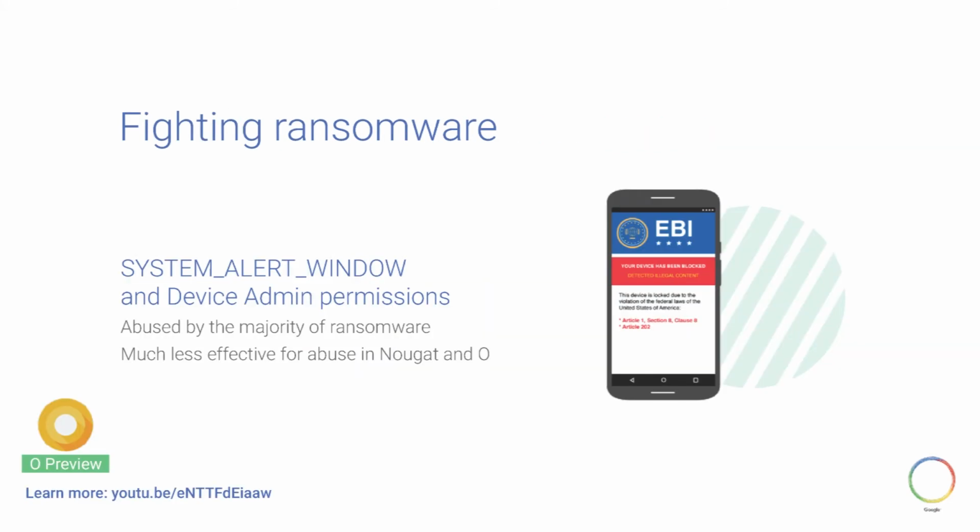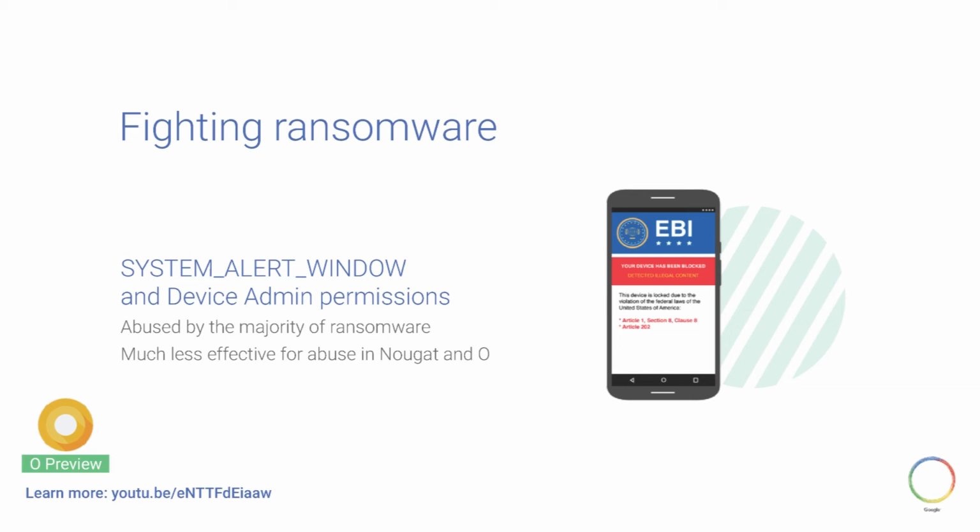So in Android O, a few changes, like I said, we have descoped the system alert window and device admin permissions. So if you're using a system alert permission to draw on top of other applications, there have been a few changes. First of all, you can no longer draw on top of any system UI elements.